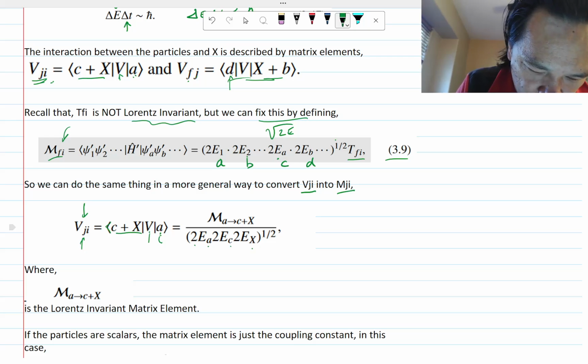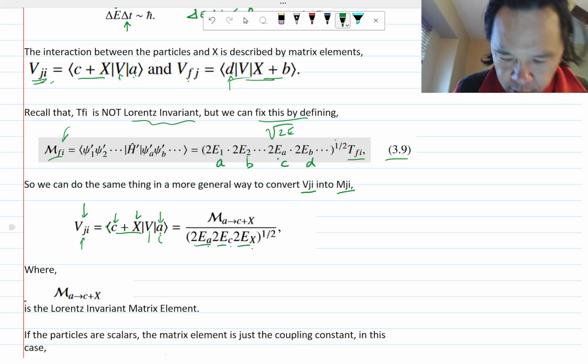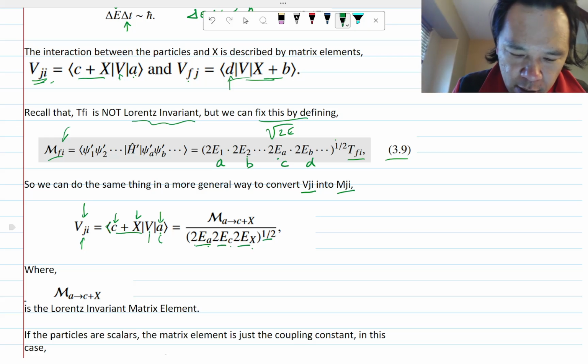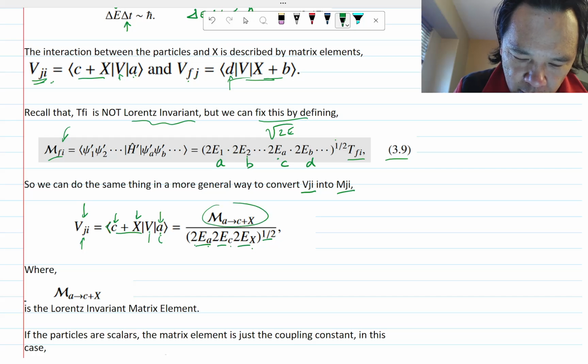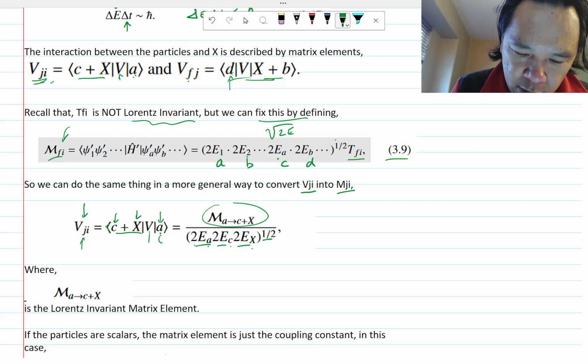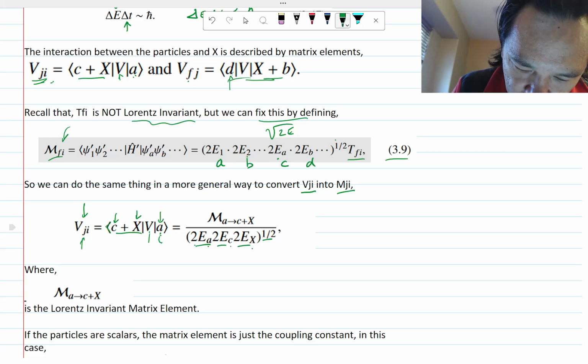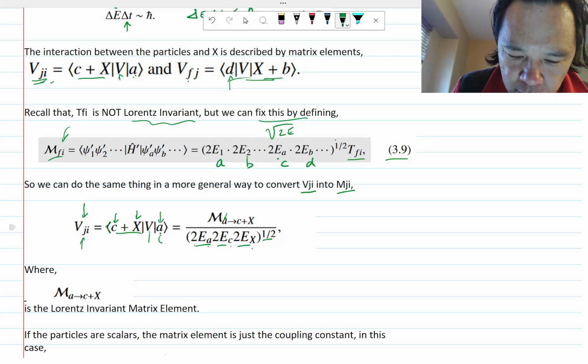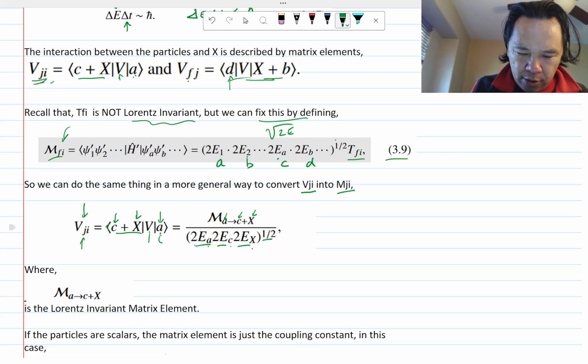in this case it involves the particle A, particle C, particle X, three of those, and then square root that whole thing with this power of 1/2, you would convert this to these MJI. But just to be more specific, this is the Lorentz invariant matrix element for transitioning from the particle A to a state of particle C and X combined together.